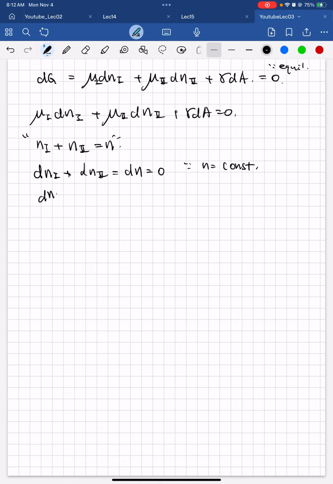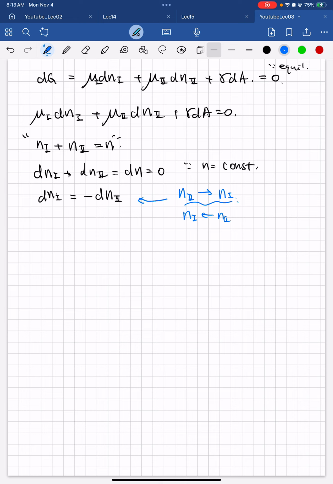So dn1 equals to minus dn2. So the amount of n2 that became n1 will result in the amount of n1 that came from n2.